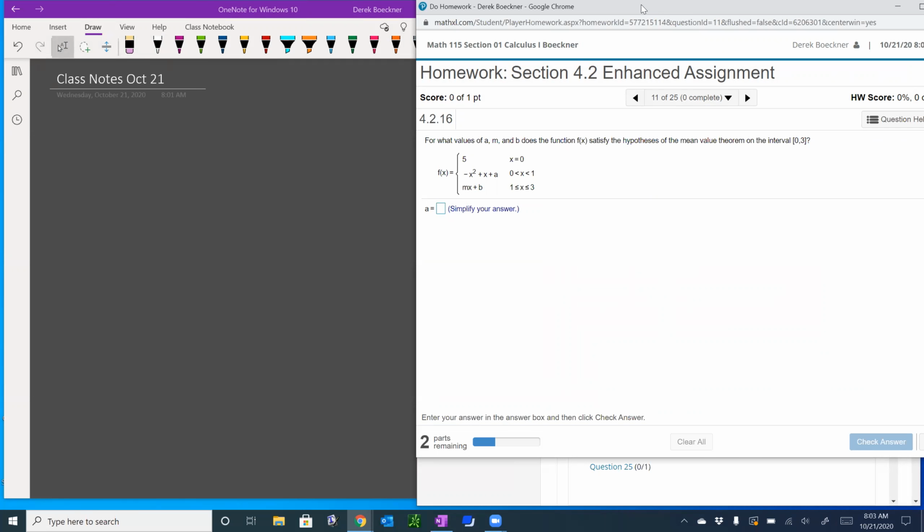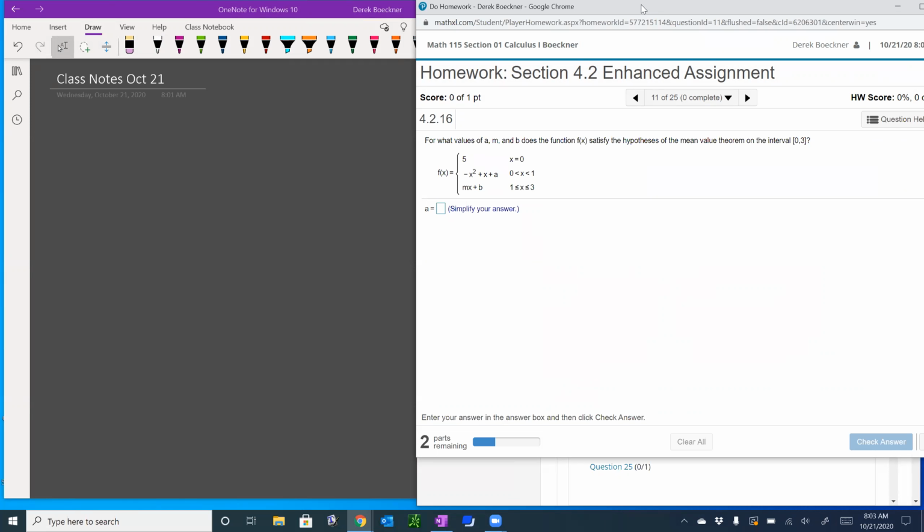Okay, who remembers what the mean value theorem says? So it's about the secant line and the derivative being equal.